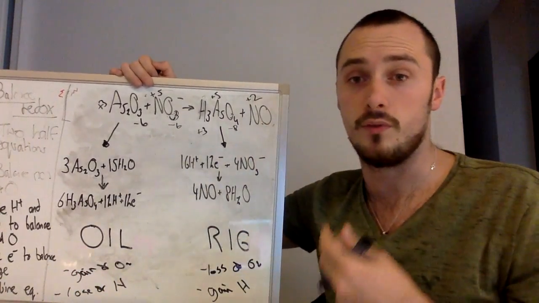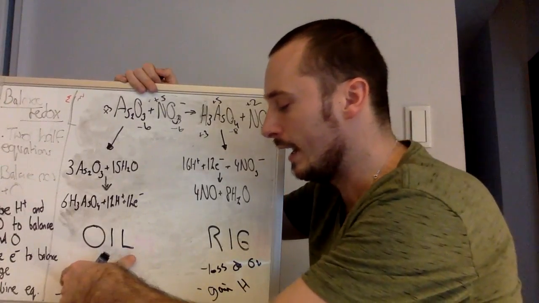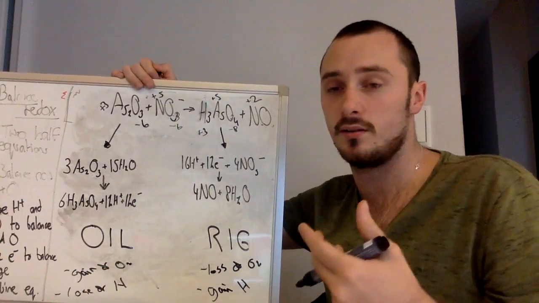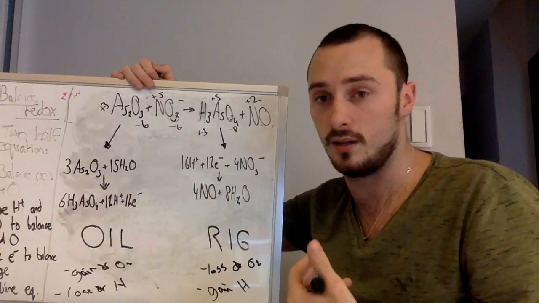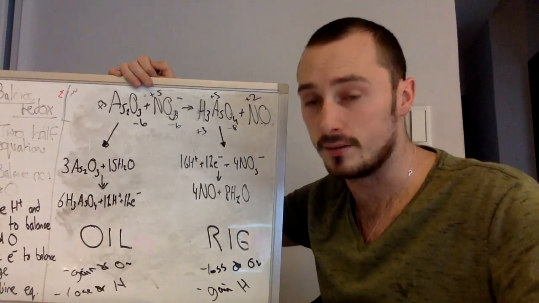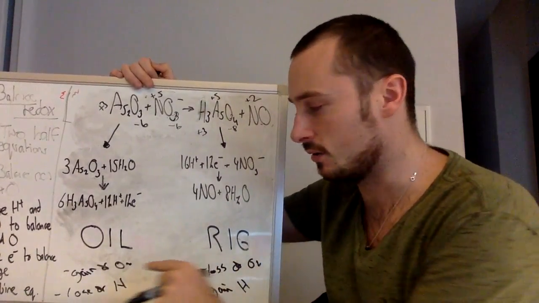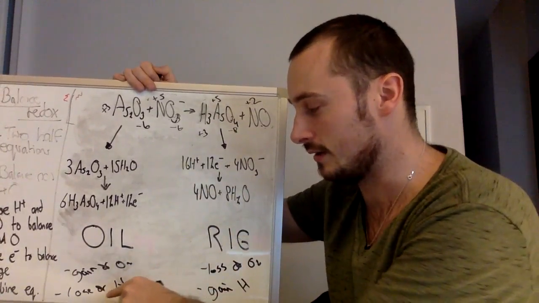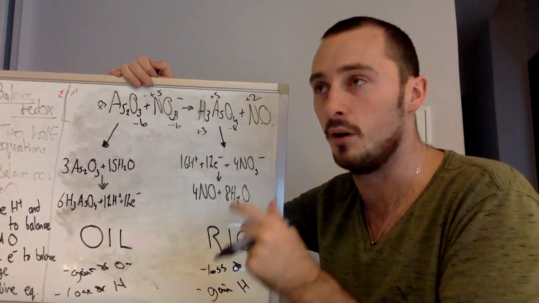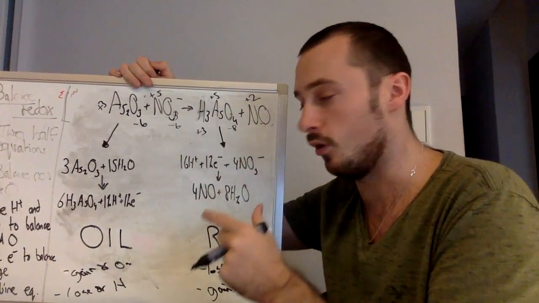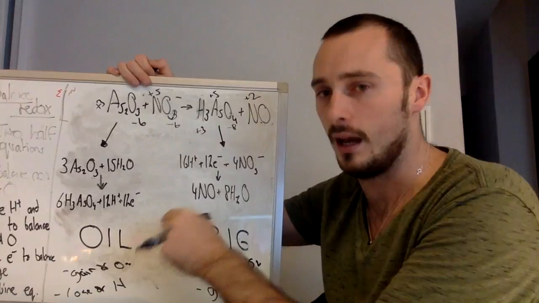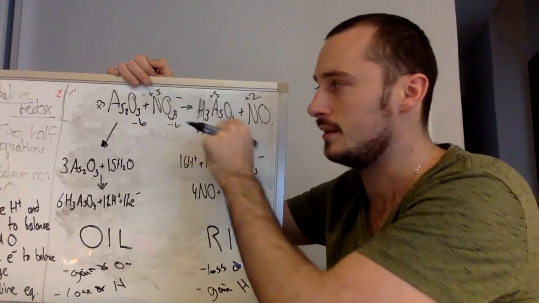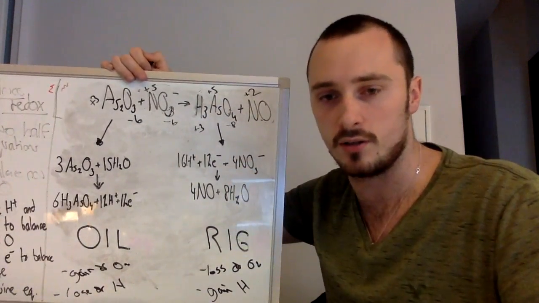So these are just ways that you can help identify something which is oxidizing or something which is reducing. It doesn't happen for every reaction. Not every reaction will have a gain of O or a loss of O. Not every redox reaction has a loss of H or a gain of H. But they will always have some form of electron transfer, and you can help identify which species is doing what using the oxidation number system.